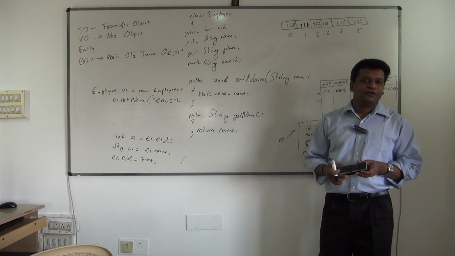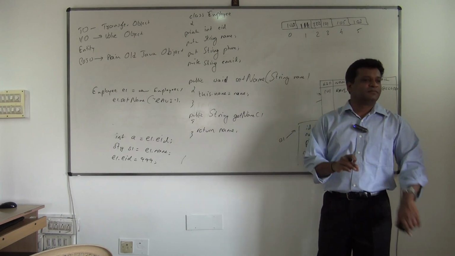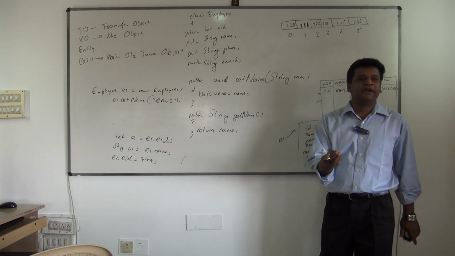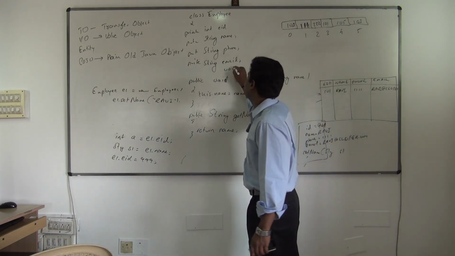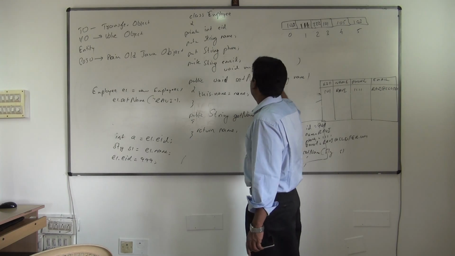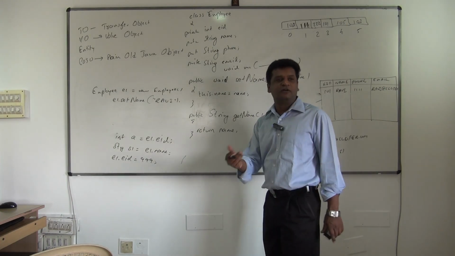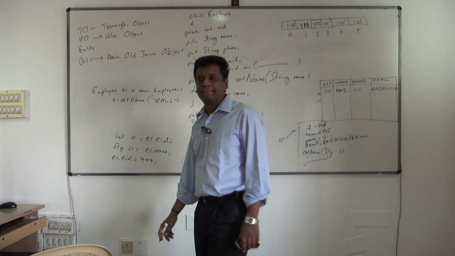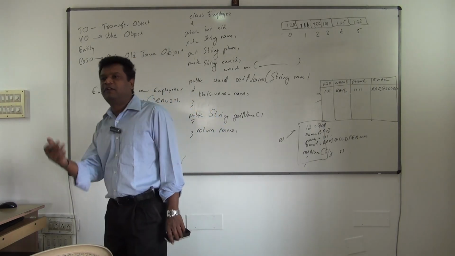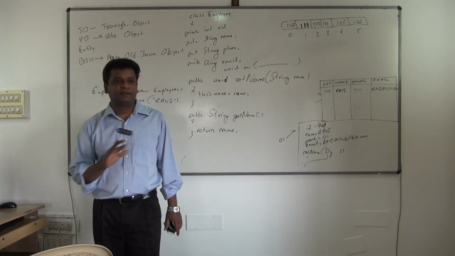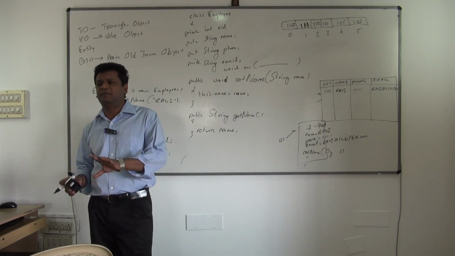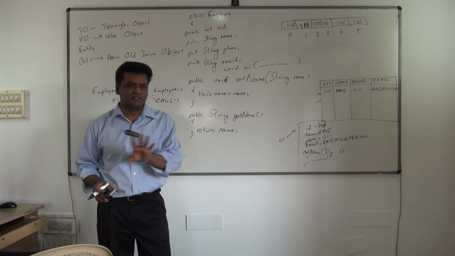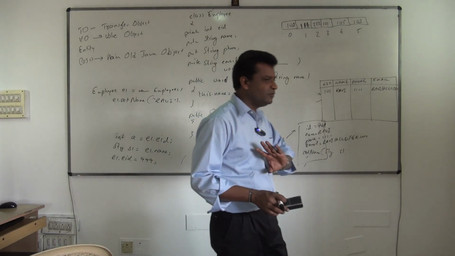You can't have a single method. Why? Because you will never know when all the values will come. Sometimes you'll get only ID, sometimes you'll get only name. Supposing I write one method void m1, what will happen? You have to send 4 values, but you have not got them yet. So a single method will not fill. So what we do? For one variable, we use one method. Sometimes for initializing the instance variables we use constructor, sometimes we use method.